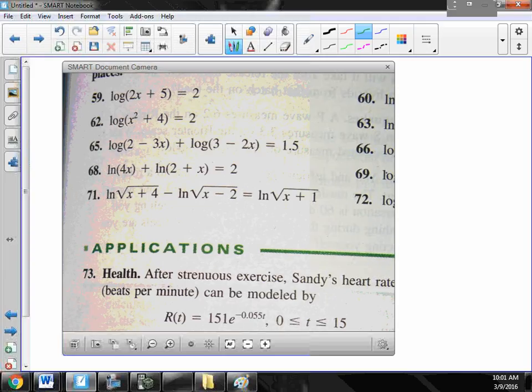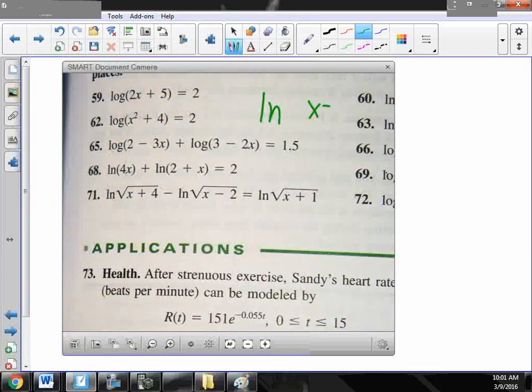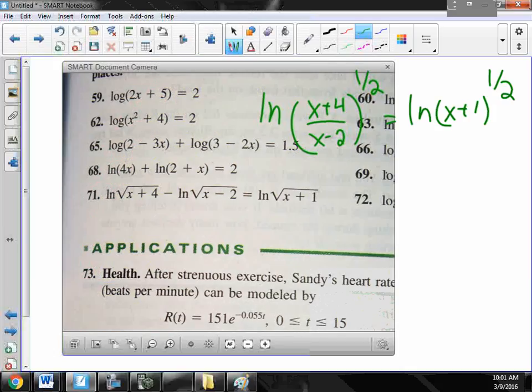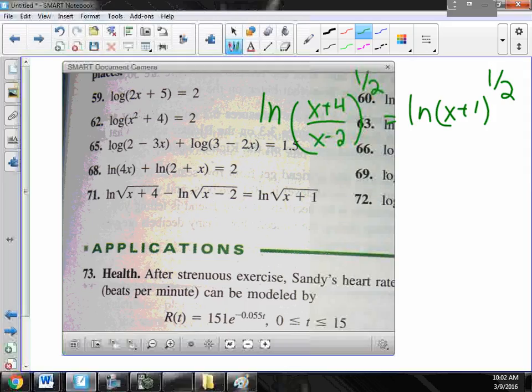So on 71, you're going to get ln of x plus 4 over x minus 2, all of that raised to the 1/2, equal to ln of x plus 1 to the 1/2. What would you do from there? Drop the ln's and, nope, drop the 1/2.